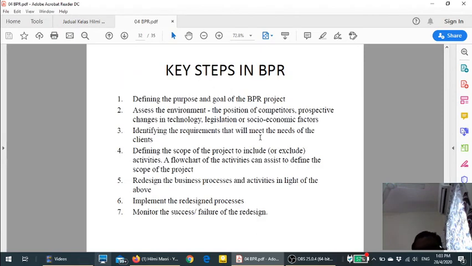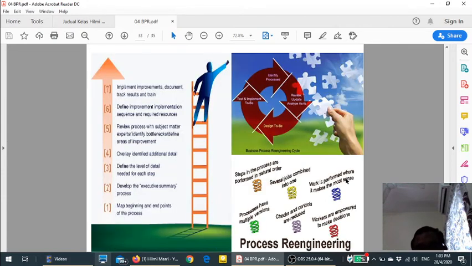So the key steps in the BPR, like we have gone through: define the purpose, assessment, identify the requirement, define the scope of the project, redesign the business process, implement the redesigned process, and also monitor the success or even the failure of the redesign. Okay.